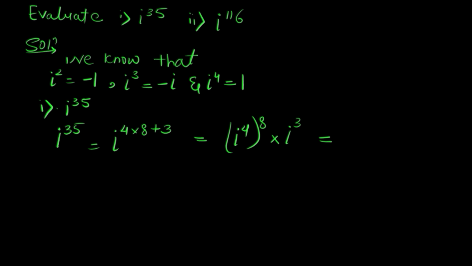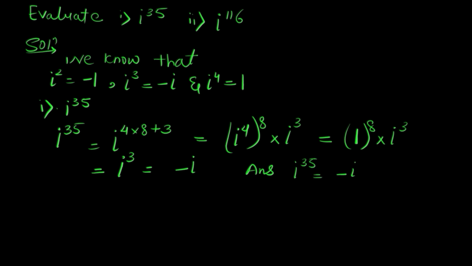Now i to the 4 is 1, raised to 8, and i cube as it is. Finally the answer is 1 raised to 8, which is 1, times i cube. But we know that i cube is equal to minus i. So the answer is i raised to 35 is equal to minus i.